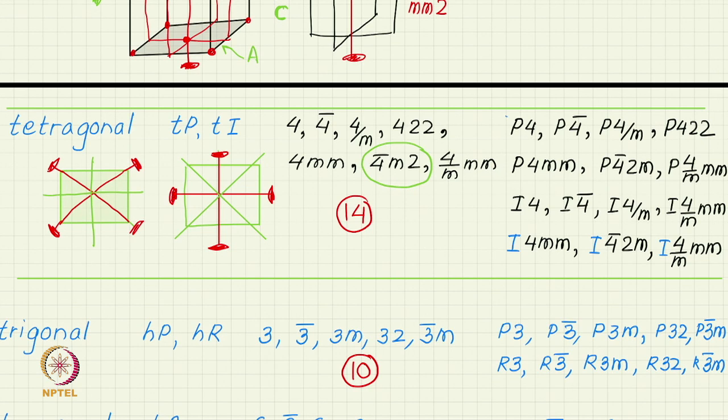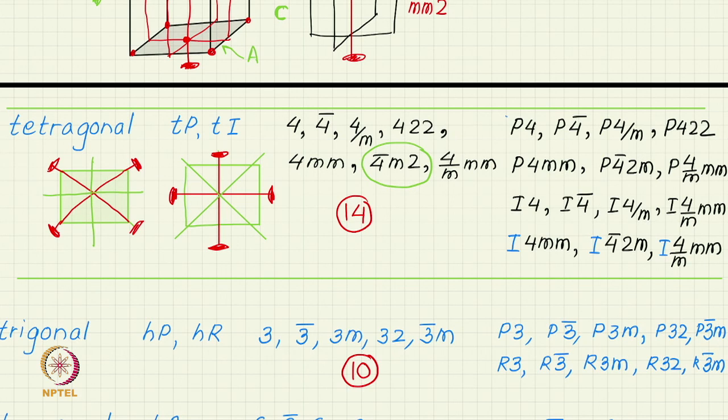And because of this difference in orientation, the symmetry changes, because the space group captures not just the individual symmetry elements, but their interrelations also.